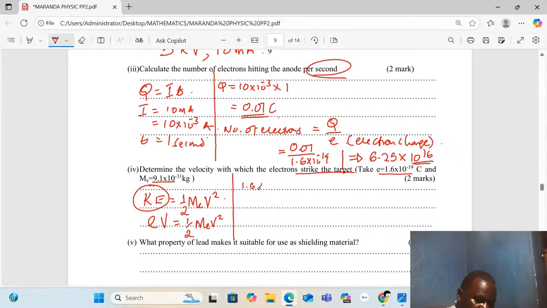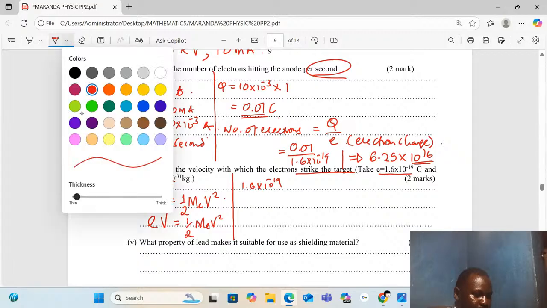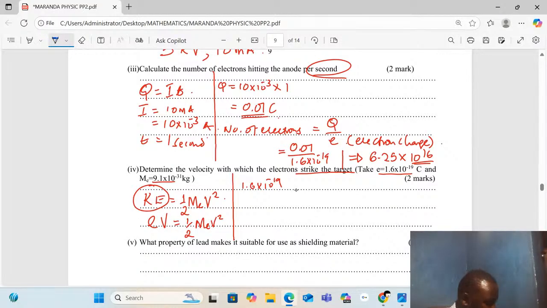So I can say 1.6 times 10 raised to power negative 19 times our V here.